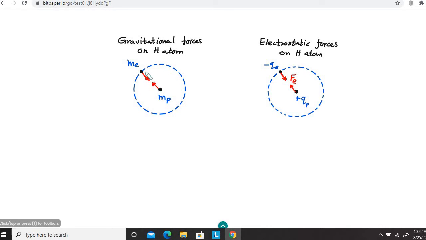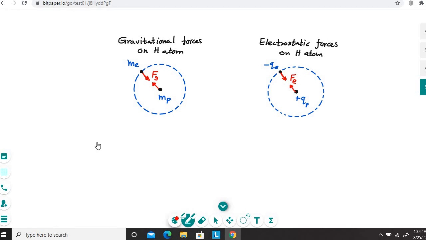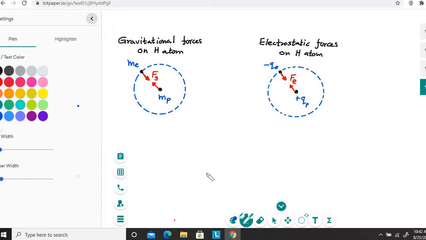And these are the gravitational attraction forces. So I can call that Fg. I'm just looking at the magnitude of Fg. So these are the forces, and then we have equations to figure out these values. So let's look at that now. So I'll write down those expressions.